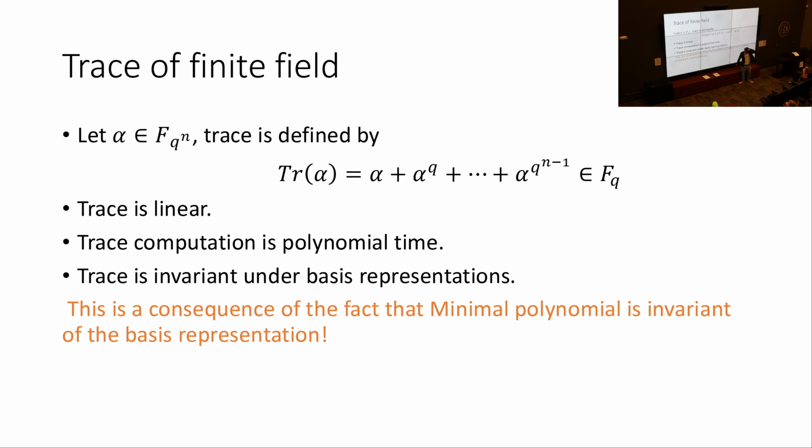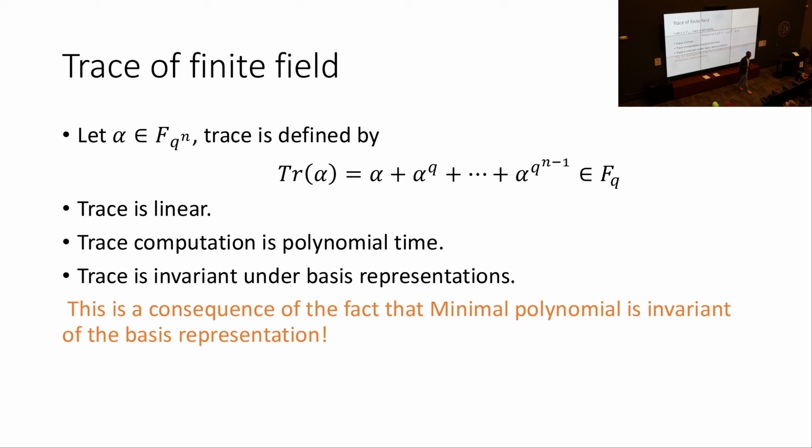Now let's see something very intrinsic in lattice theory, in finite field theory. In finite field theory, there is this thing called the trace of a finite field element, which is basically the sum of all the conjugates. We need three properties of the trace.